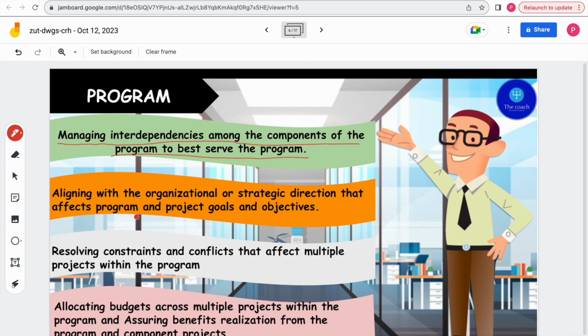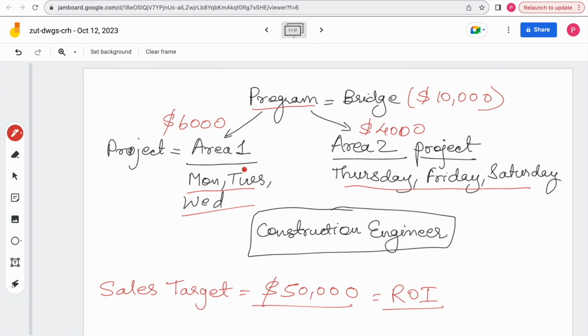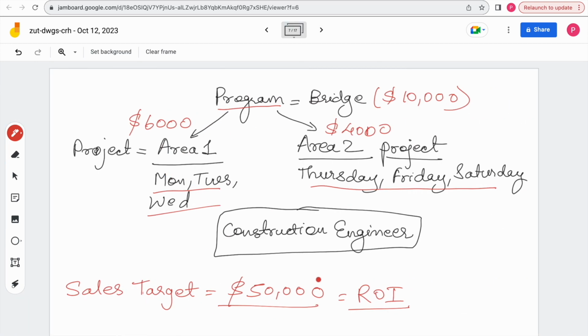So this kind of decision is made by the program manager: resolving conflicts, allocating budget across multiple projects, and assuring benefit realization from program and project components. So the program manager sees to it that whatever my organization's sales target is, the group of projects he is managing gives a particular return. Okay, only then would a program manager be successful.